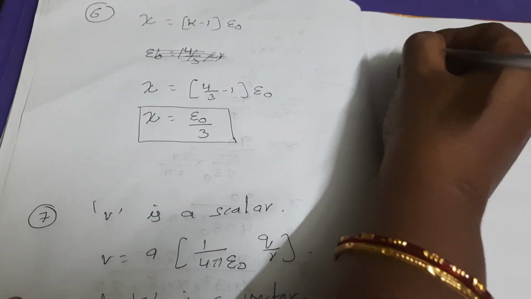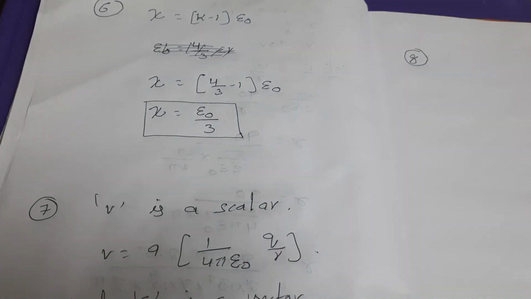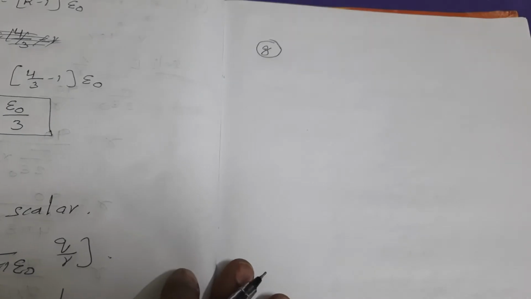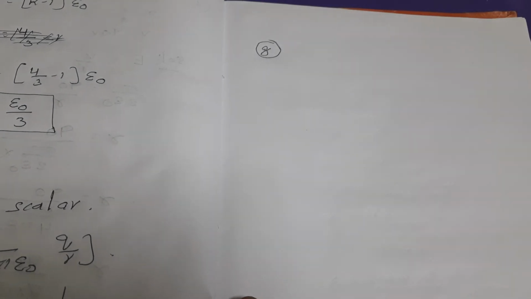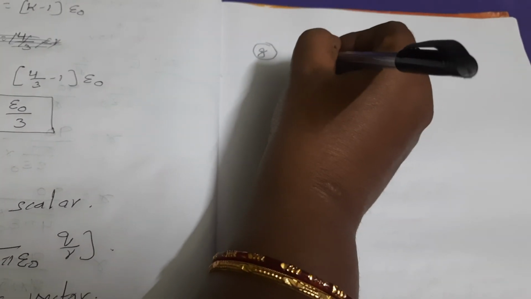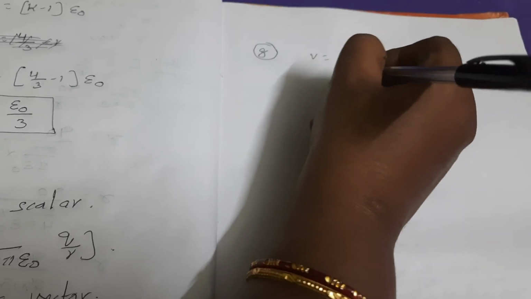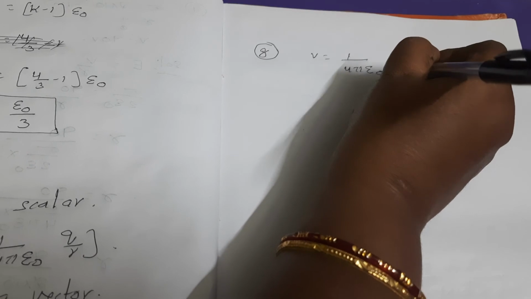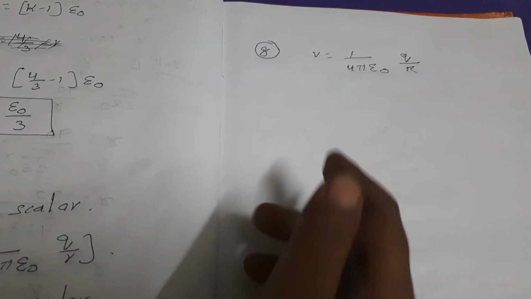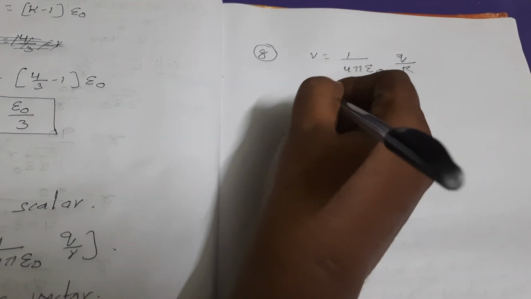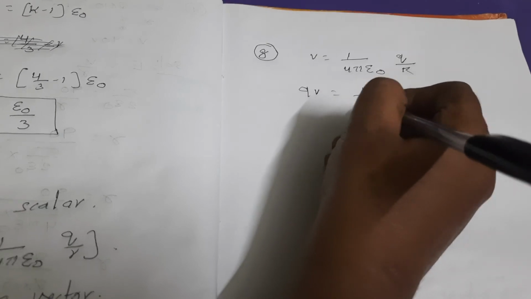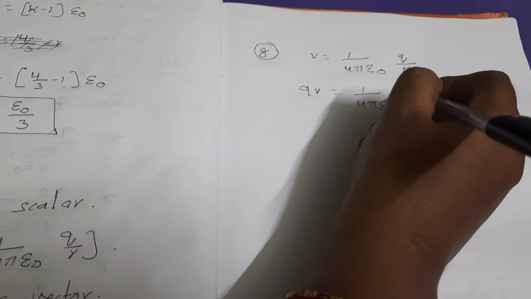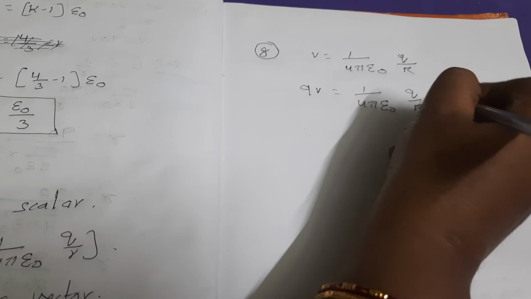You know that potential is a scalar quantity. So from the principle of superposition, 9 charges are there. The general potential formula is 1 by 4 pi epsilon naught Q by R. But 9 charges are there, means 9 times V. So V is 1 by 4 pi epsilon naught Q by R into 9.